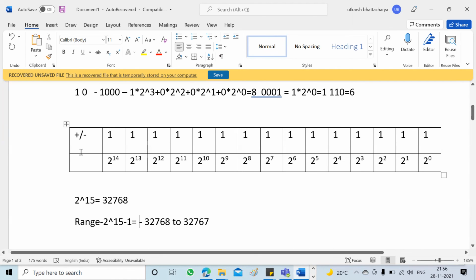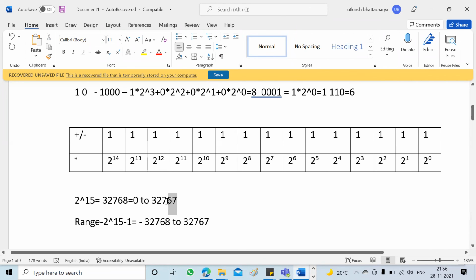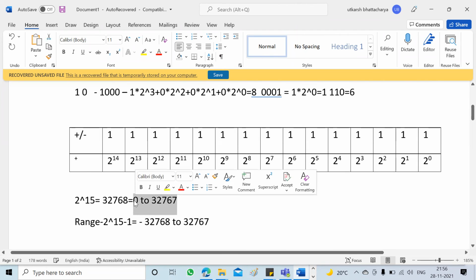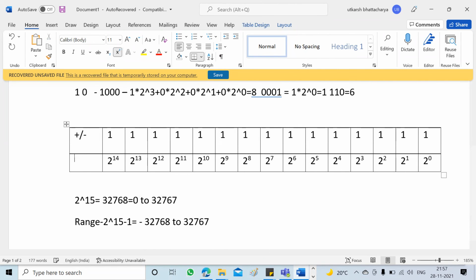But for example, you use a plus sign here. In this case, your range is how much? It is 0 to 32767. That means it can store this many integer values. Now suddenly it became minus.